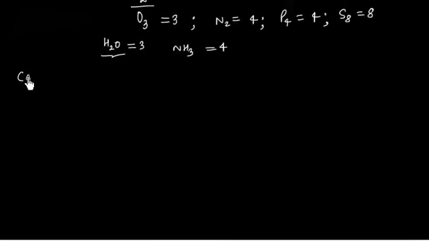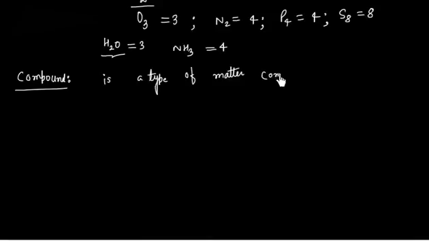Now what is a compound? So we discussed element. An element basically has the same kind of atom. An element can exist in atomic form or molecular form. Now the question is, what is a compound? It is a type of matter composed of two or more different elements that are chemically bonded together. So this is an important point.